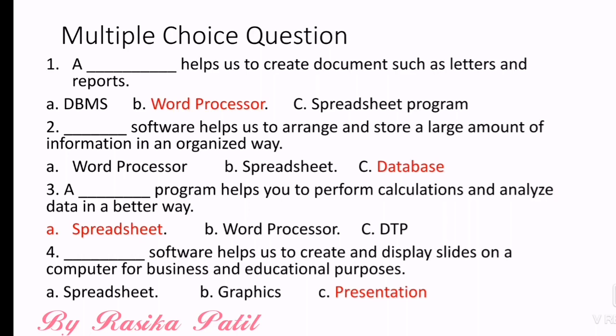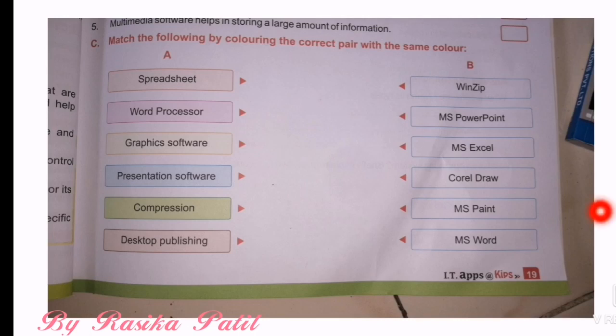Now let us go for the next, match the following. Match the following by coloring the correct pair with the same color. So instead of coloring, we are just going to match the following by drawing lines. Spreadsheet.